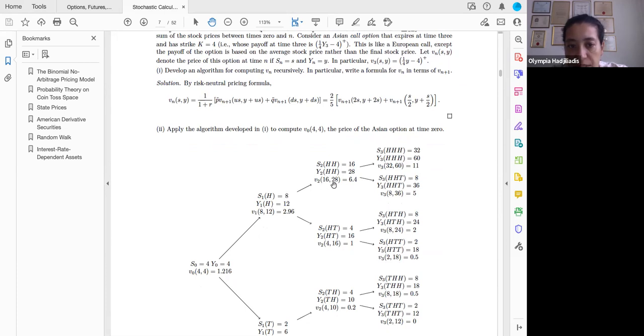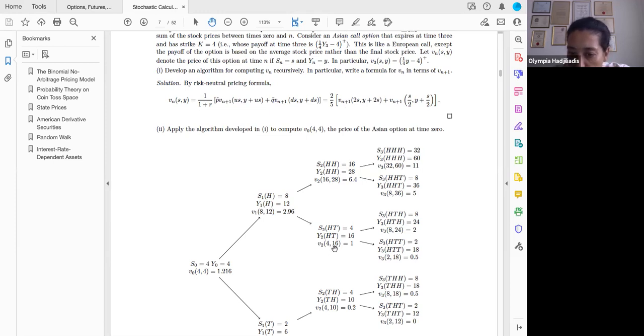V2(16,28) is just 2/5 of V3(32,60) plus V3(8,36), and that's how you obtain V2. And then to obtain V1, you take V2(16,28) and V2(4,16), put them in this formula, and you obtain V1(8,12).